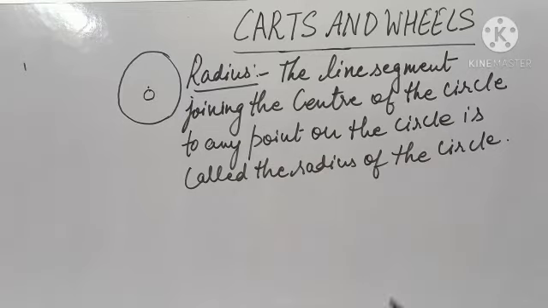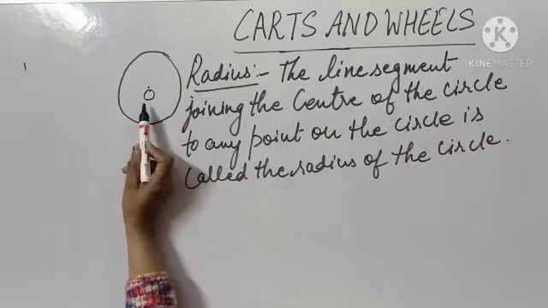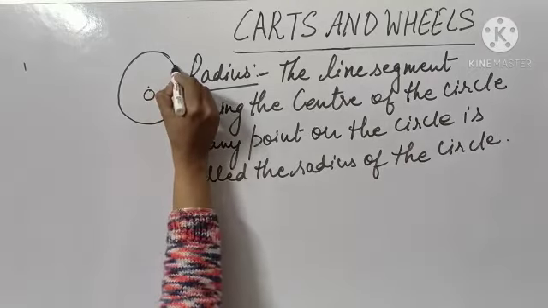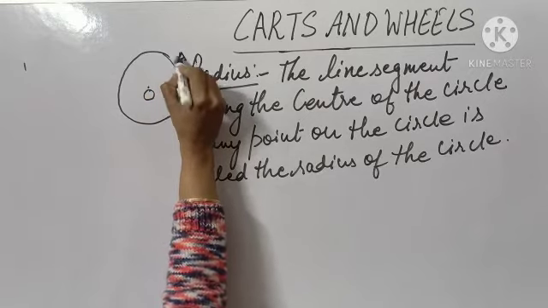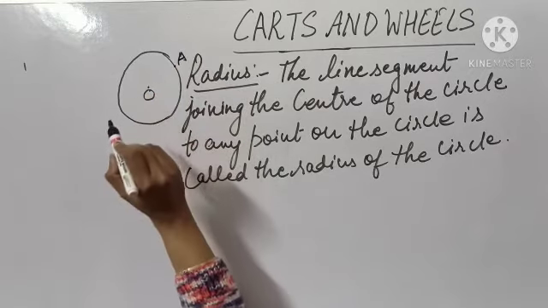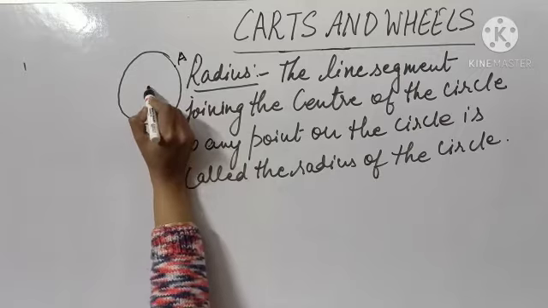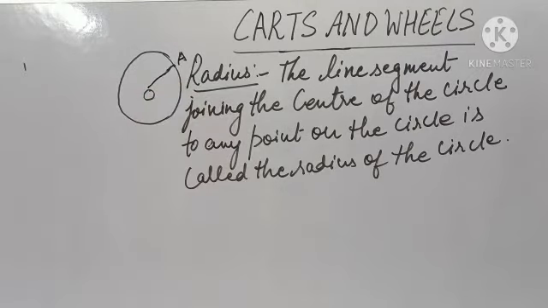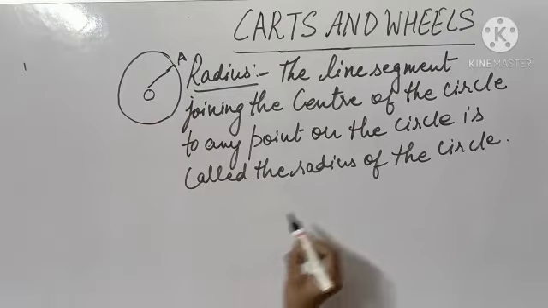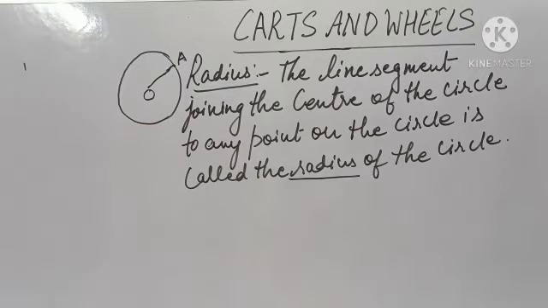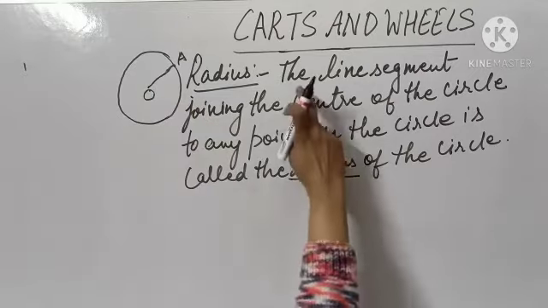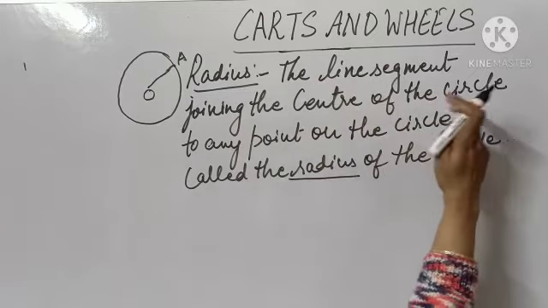See, here the fixed point O is present. O is called the center of the circle. Suppose here I am marking a point A. When I join these 2 points, that is O and A, I will get a line segment. And this particular line segment will be the radius of the circle.